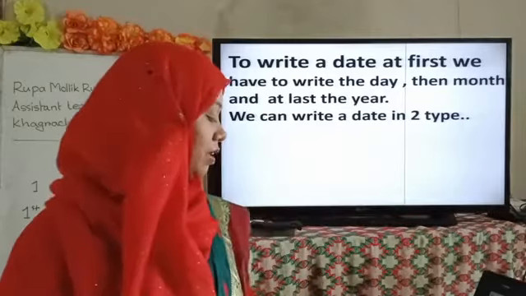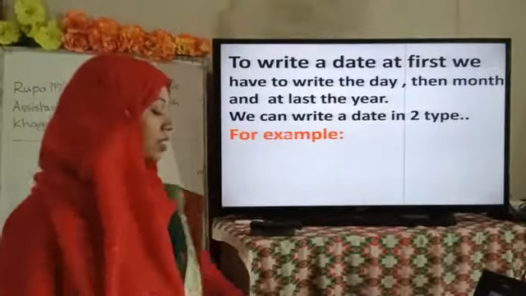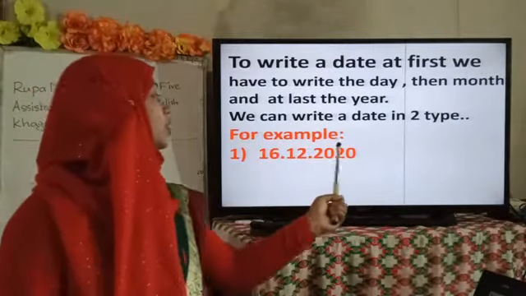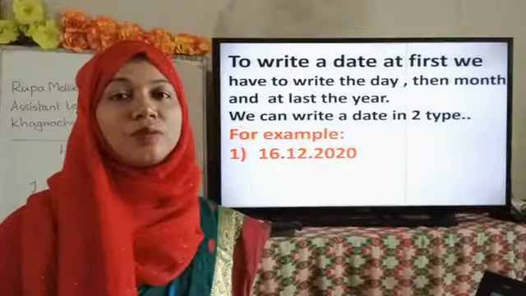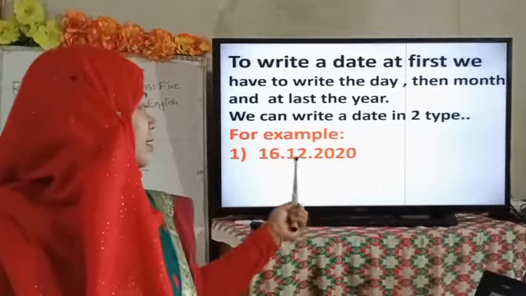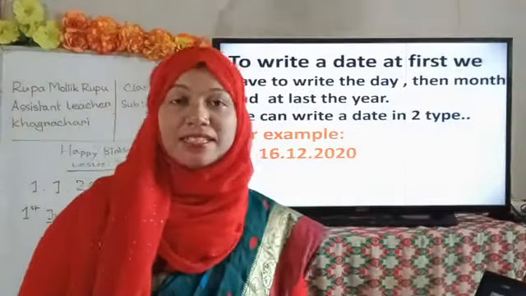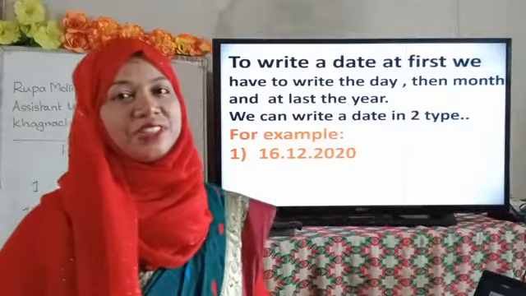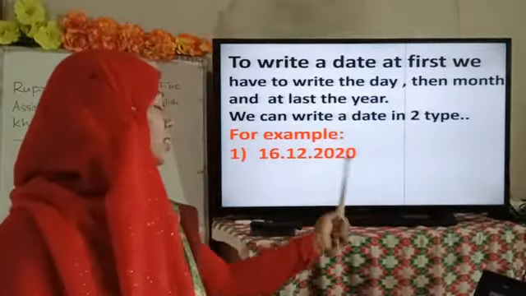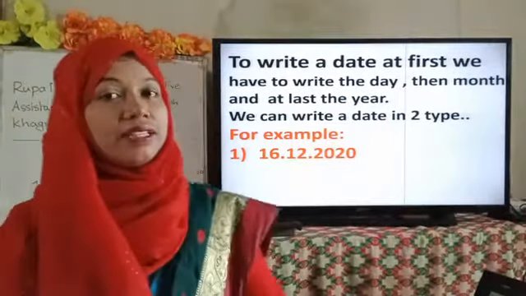For example, look, I have written that the first one is 16/12/2020. What is the importance of this date? 16 December is our Victory Day. So I have written 16/12/2020. This is the first type.